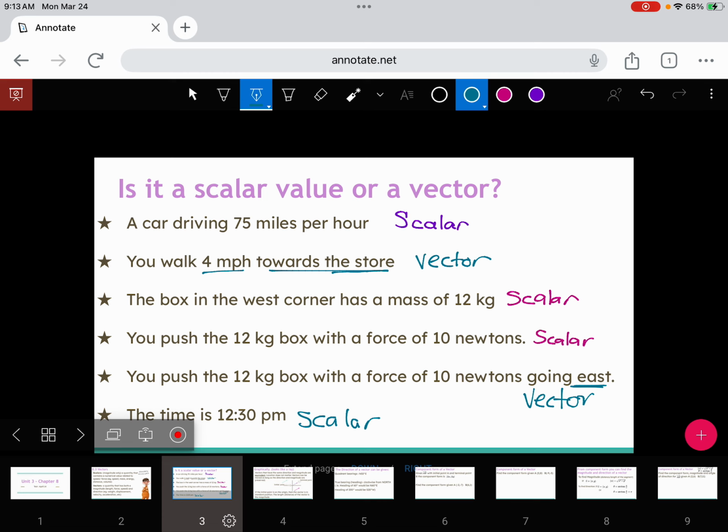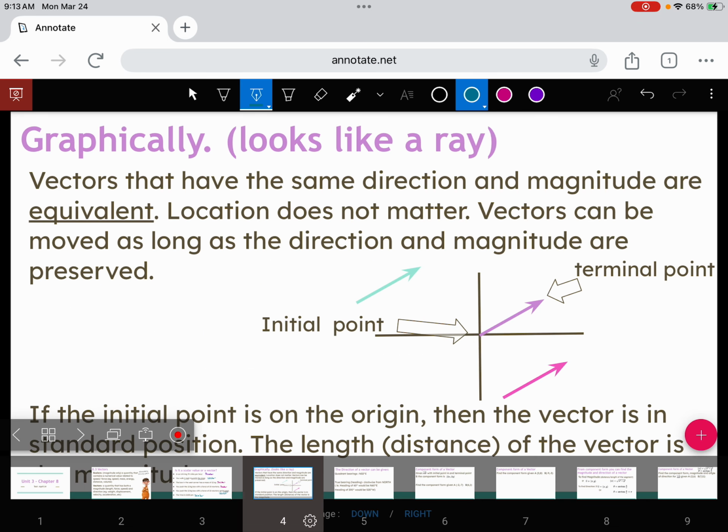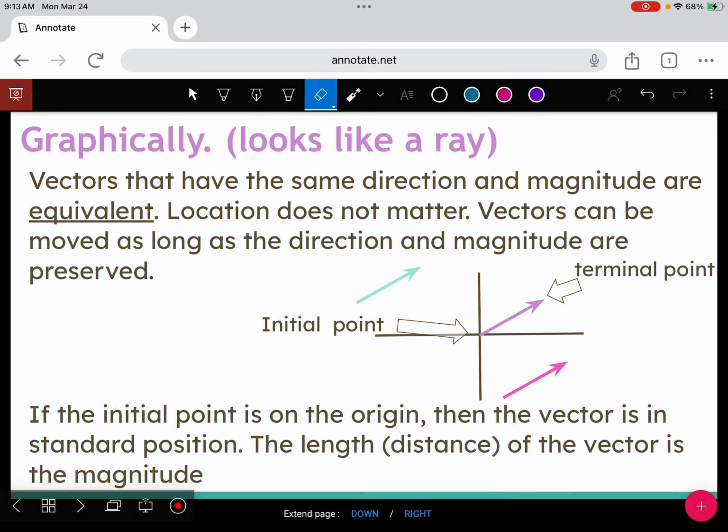Okay, so I'm going to show you a bit more about vectors. So it looks like a ray. If we're going to do about any graphing, they look like rays. And we are always going to think of vectors being at the origin because they are very, very equivalent. Location does not matter on a vector.